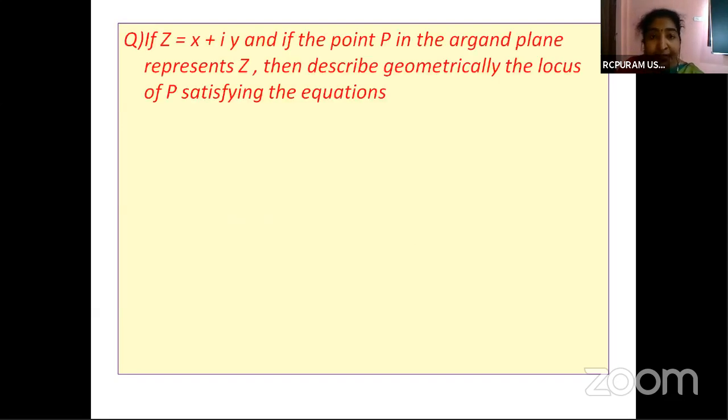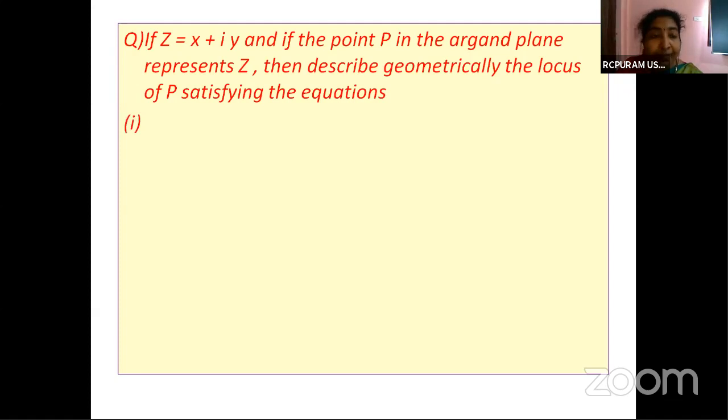So for this, the question is, if z is equal to x plus iy and if the point P in the argand plane represents z, then describe geometrically the locus of P satisfying the equations.